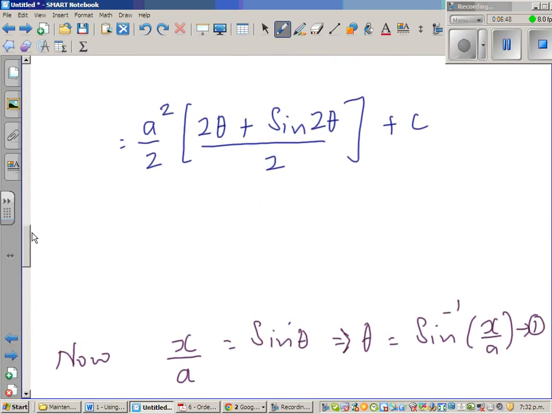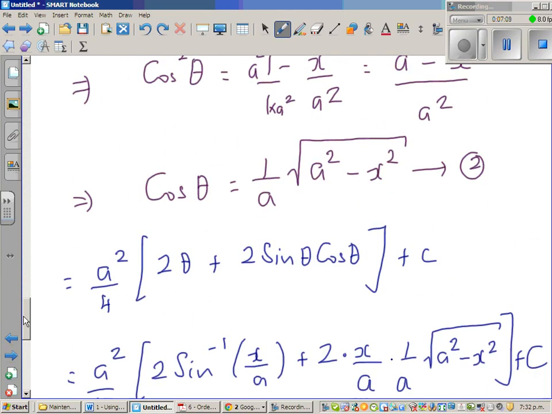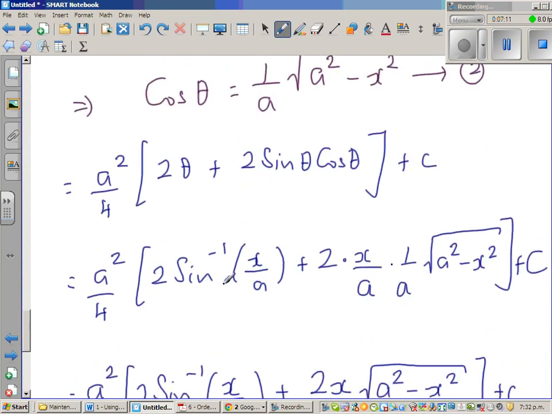If you want to do one more step here, this is a squared over 4 times 2 theta plus sine 2 theta plus c. This 4 has come from 2 times 2.